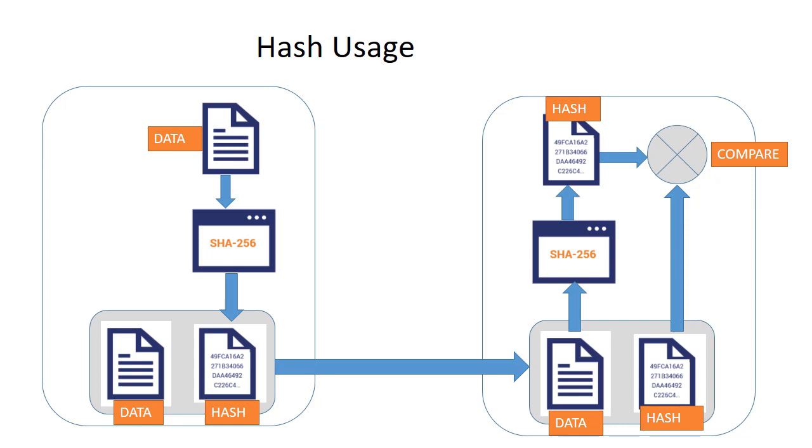The same hash function is applied over the data, so it will create a hash. We already received one hash, so we will compare these two hashes. If the hashes match, then we received the proper data over the network, so the data was not changed over the network.